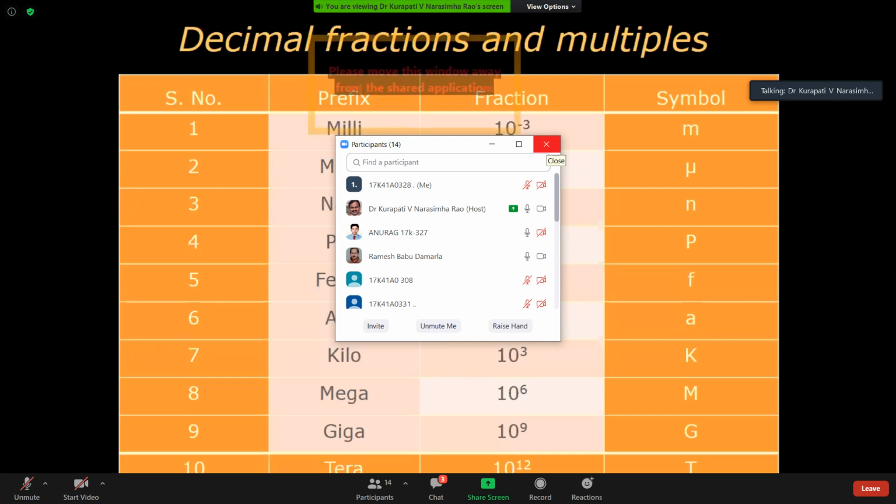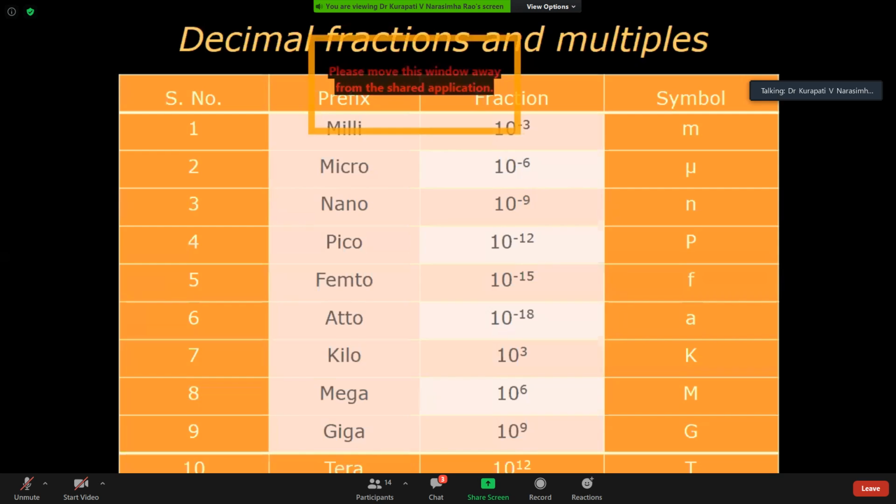Yeah, can somebody answer the question? What is the micron? Micron, M-I-C-R-O-N. The near answer is given in the PPT itself. Anybody? Micro is 10 to the power of minus 6. Yes.